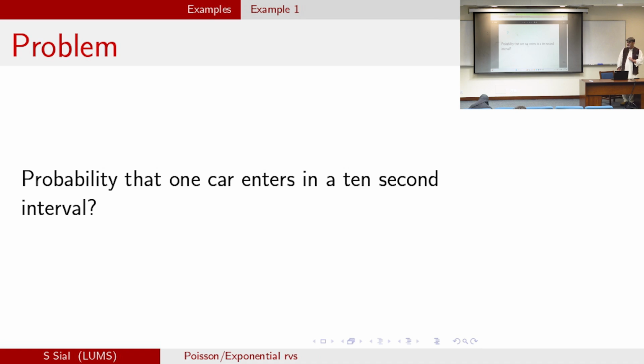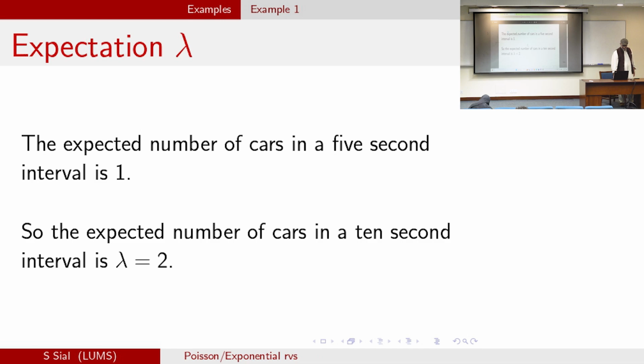All right, so next question. What's the probability that exactly one car enters in a 10-second interval? Well, the expected number of cars in a 5-second interval was 1.